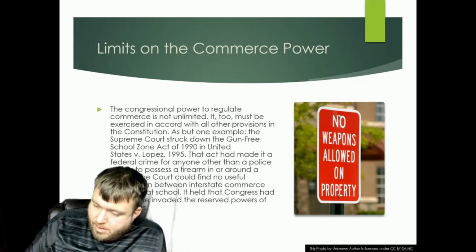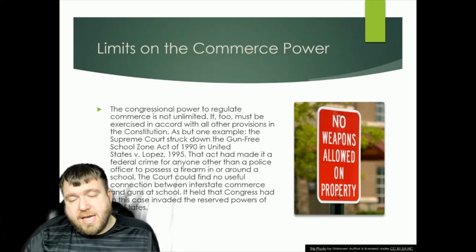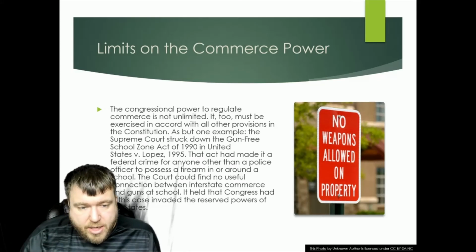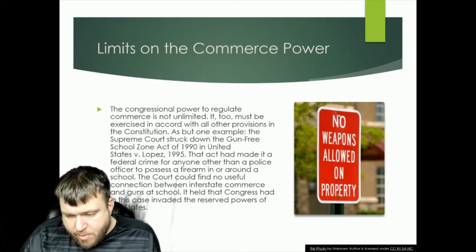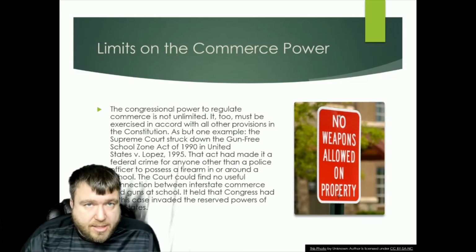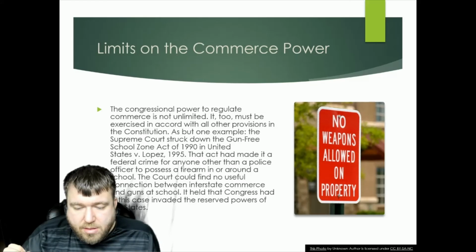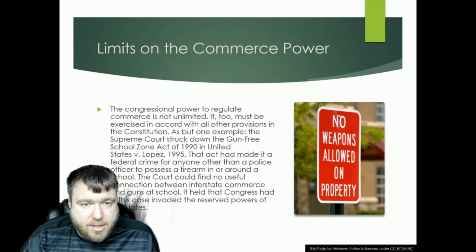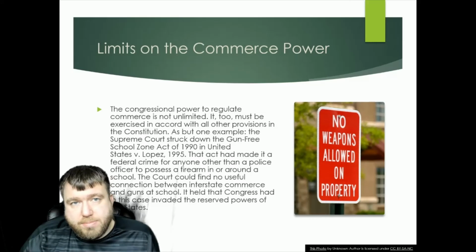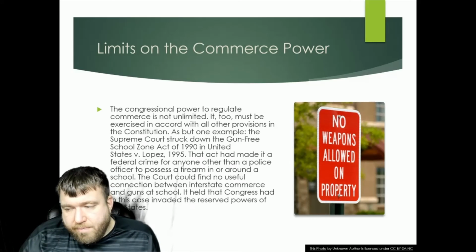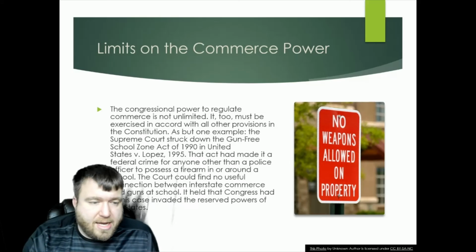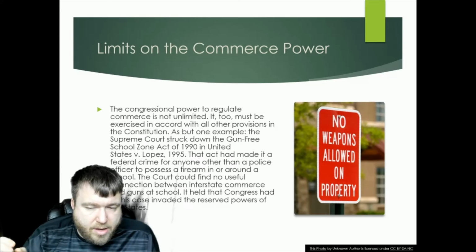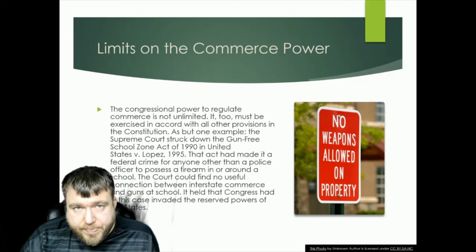Now, while they overturned this act, it wasn't that the court opposed the act itself. It's that Congress had overstepped its use of the commerce power, because they used the commerce power to pass the Gun-Free School Zone Act.